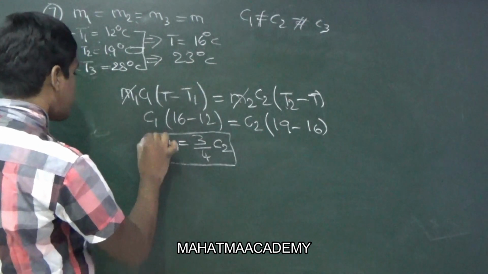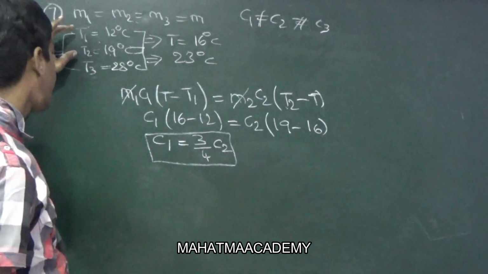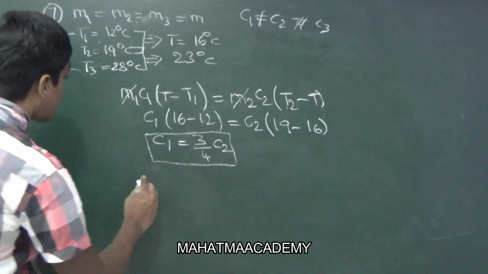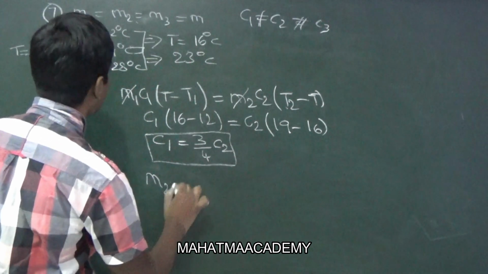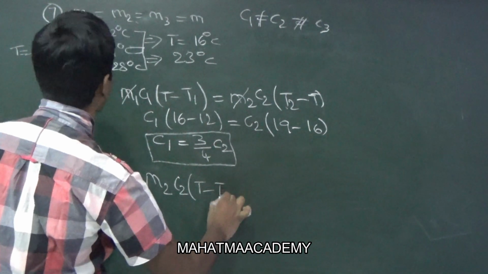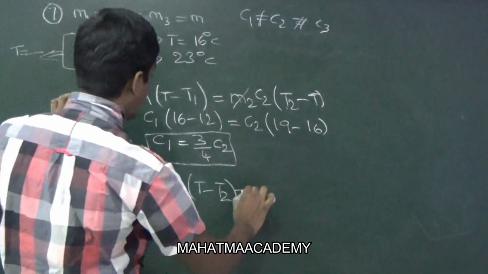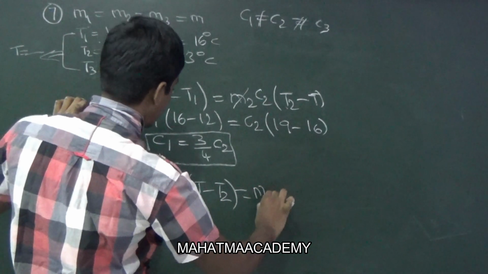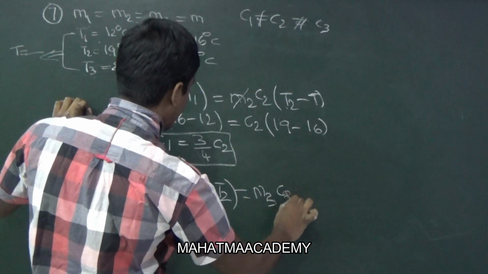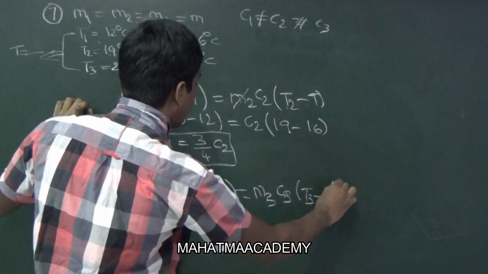This is the first. Now let's discuss the second one. When T2 and T3 are mixed, it is 23 degrees Celsius. Now M2 C2 (T minus T2) is equal to M3 C3 (T3 minus T).